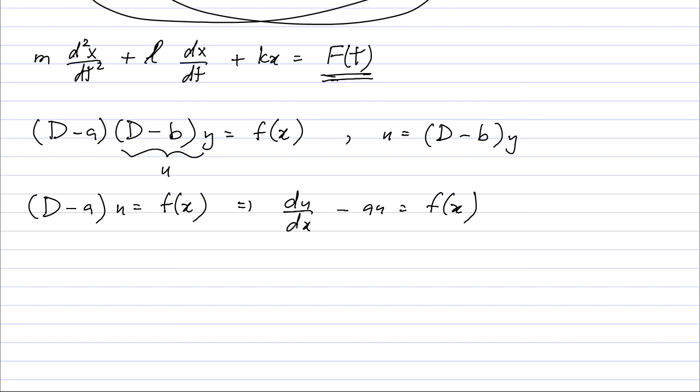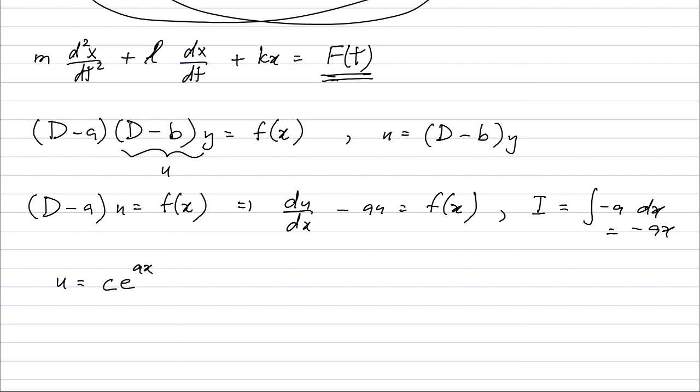So first of all, the integrating factor I will be given by the integral of p dx, but here p is minus a, so the integral is minus ax. This means immediately that u is going to be some constant times e raised to power minus I, which gives e raised to power ax.